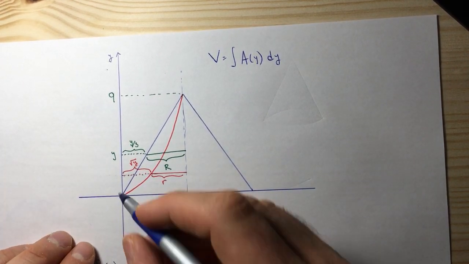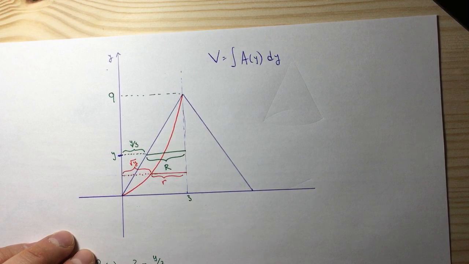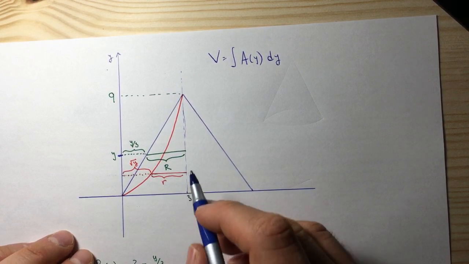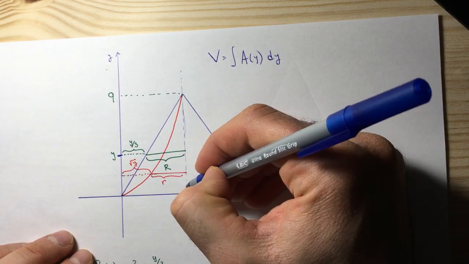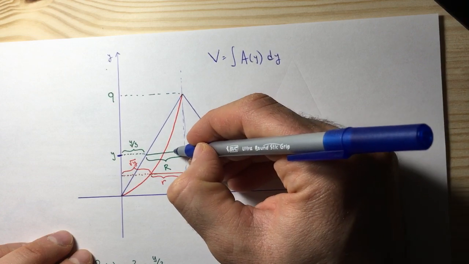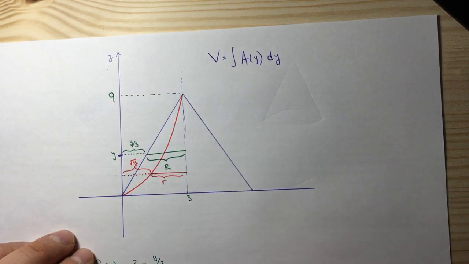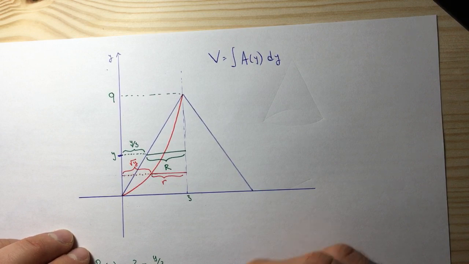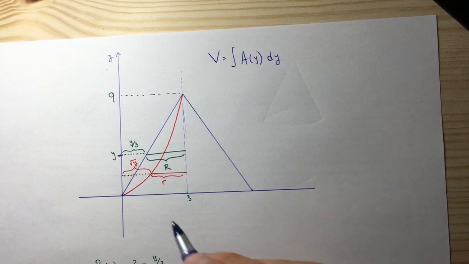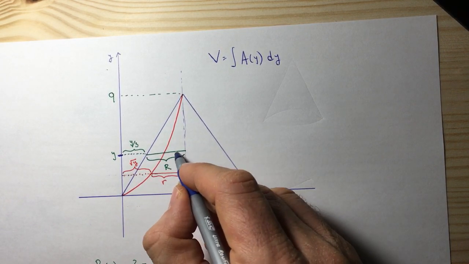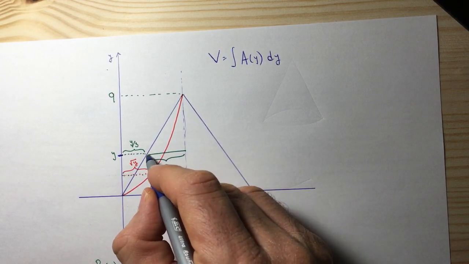So let's say for this y, how much is going to be the radius? The radius again goes from the axis of rotation to the outside bound of the bounded region. For this particular y, this is going to be the big radius.